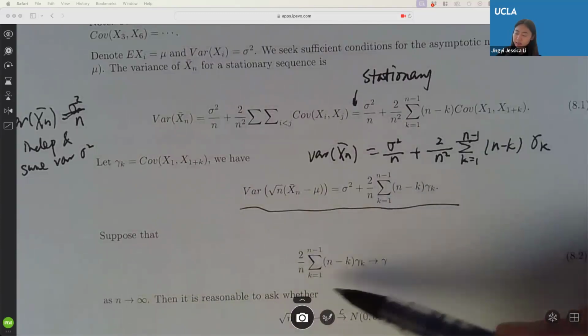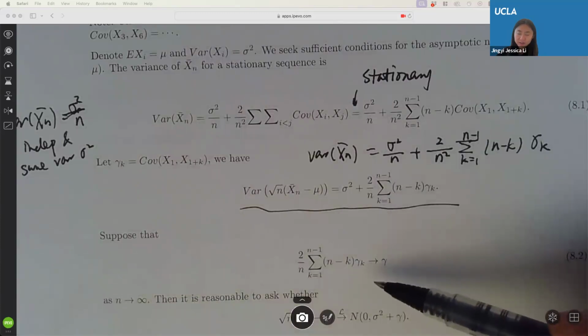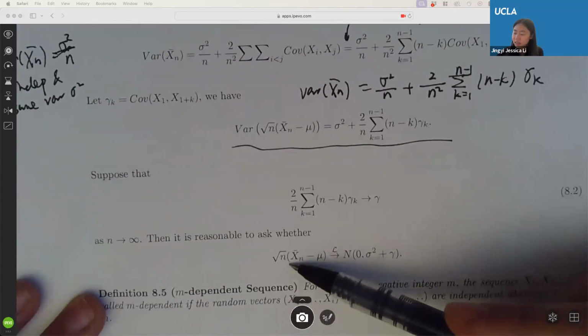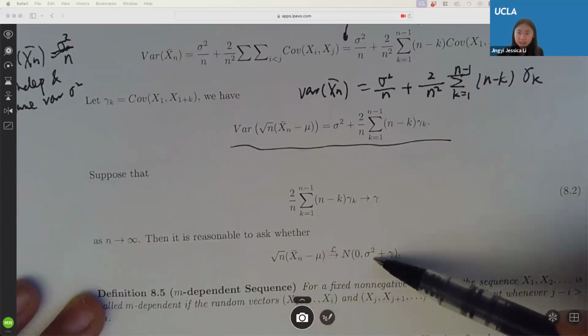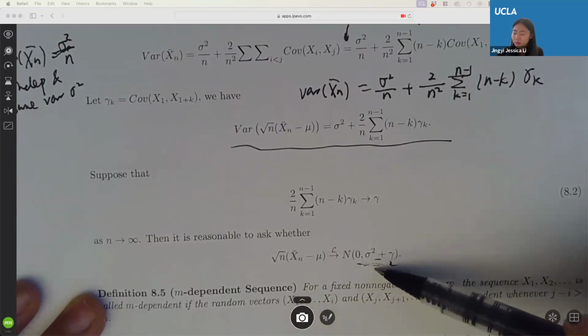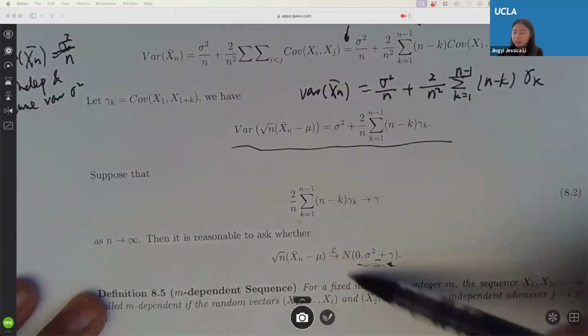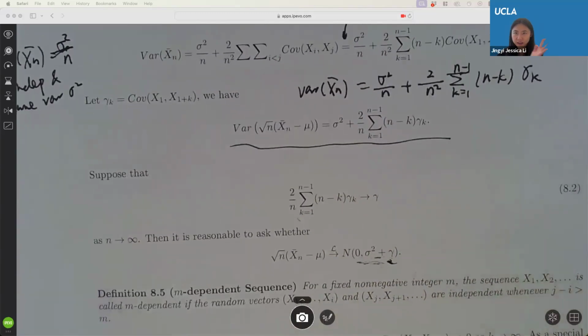So if this has a limit, then in the limiting distribution, the variance becomes sigma squared plus the limit involving gamma. So we no longer involve n, because n should be gone. In the limiting distribution, n should only stay on the left-hand side. Does that make sense to you?